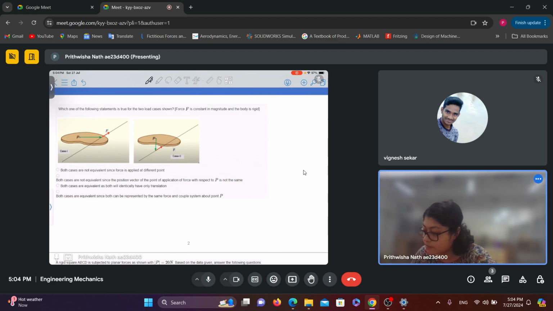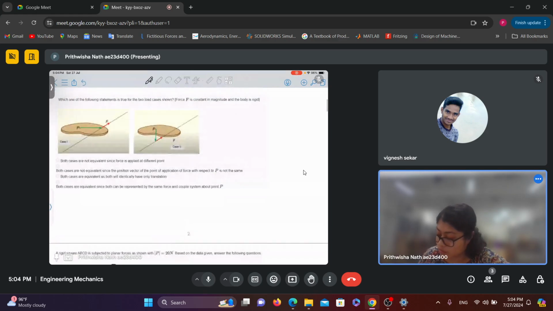In the second option, both cases are not equivalent since the position vector of the point of application of force with respect to P is not the same. Both cases are equivalent as both will identically have only translation, and the last option is both cases are equivalent since both can be represented by the same force and couple system about point P.